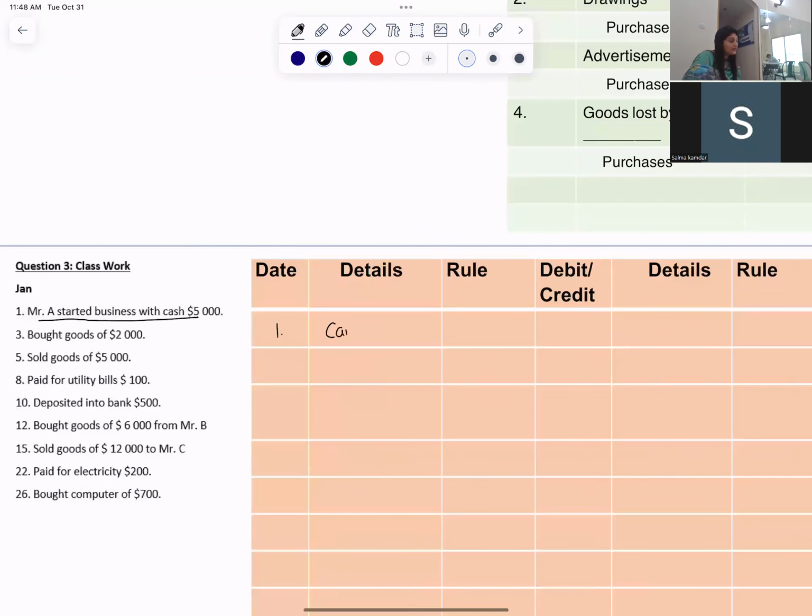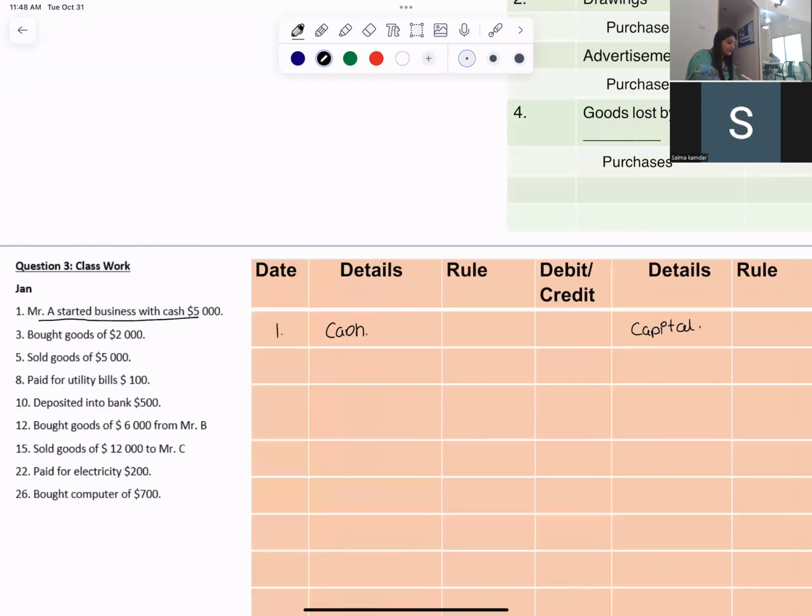What is the rule for capital? C for capital, C for credit. I have always taught you by this rule. For capital and drawings, we will follow this rule. Capital account always has a credit balance, and I will never write a rule for it.